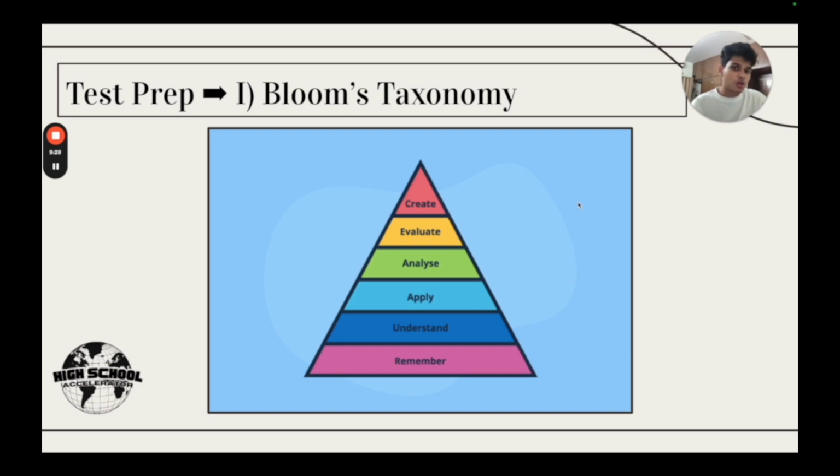The higher you go in this pyramid, the more things you gain from the bottom. So let's say if you're at create, you will know how to remember the information, how to understand the information, how to apply the information, how to analyze, and how to evaluate the information. Because to create something of your own, you need a lot of pre-knowledge. But don't worry about creating stuff. It's mostly for PhD students, and I don't think any PhD people are watching this.